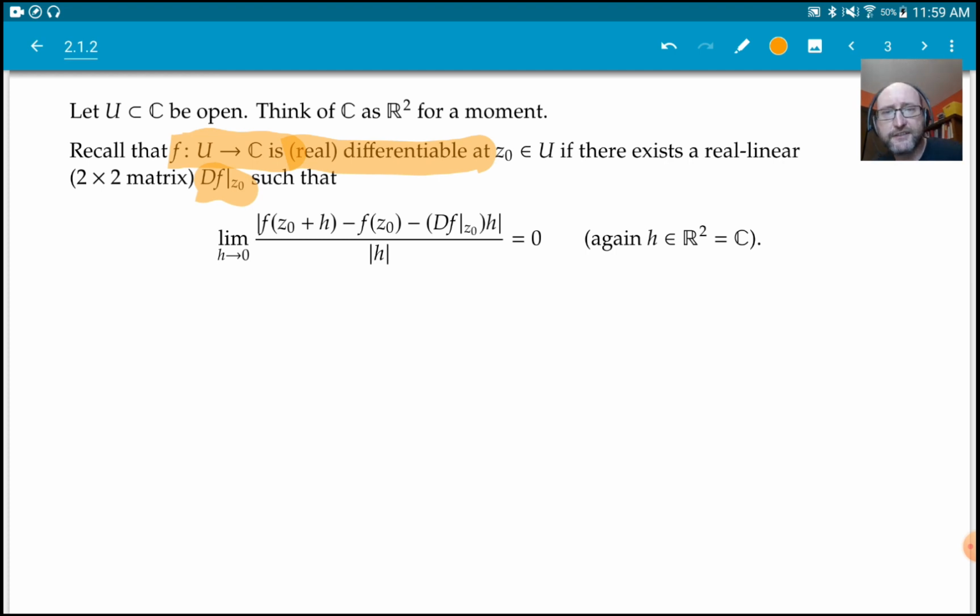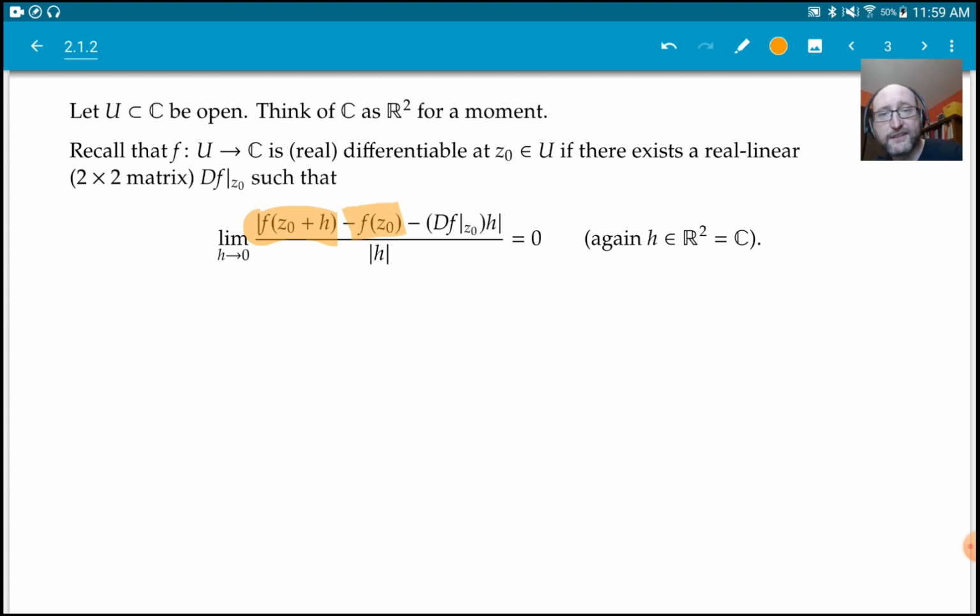But that's just our notation for this 2 by 2 matrix, such that this limit exists and is 0, right? So basically, we take f, we look at it an h step away from z naught.